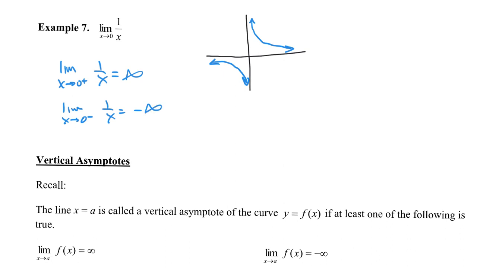So this limit, the two-sided limit, or the actual limit here, is definitely not going to exist. It doesn't exist because, well, number one, the left-hand limit and the right-hand limit are not the same, and they're also infinity. So this has no chance of existing. So this limit just does not exist.